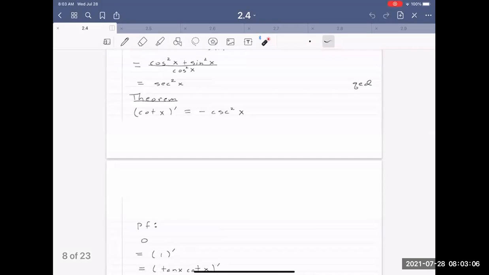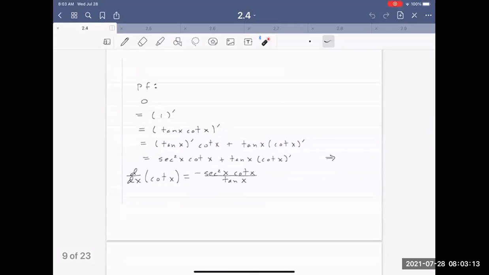Okay, so the derivative of cotangent x is negative cosecant squared x because the derivative of 1 is 0, and tangent x times cotangent x is 1. Therefore, the derivative of tangent x times cotangent x is equal to 0. By the product rule, we have that this is equal to the derivative of tangent x times cotangent x plus tangent x times the derivative of cotangent x.